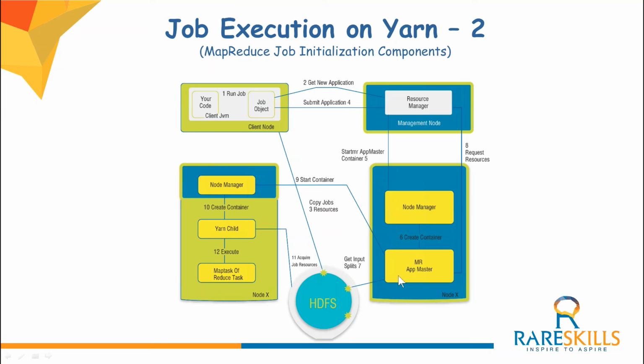The node manager then allocates a container for the MapReduce application master, and the MapReduce application master will now execute and coordinate the MapReduce job. So the MapReduce application master grabs the required resources from the Hadoop distributed file system, such as input splits of the data. These resources were copied there earlier from the client node to HDFS.